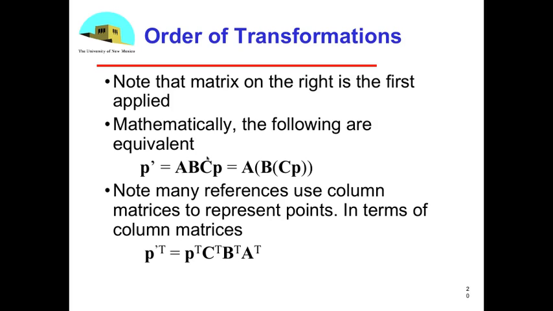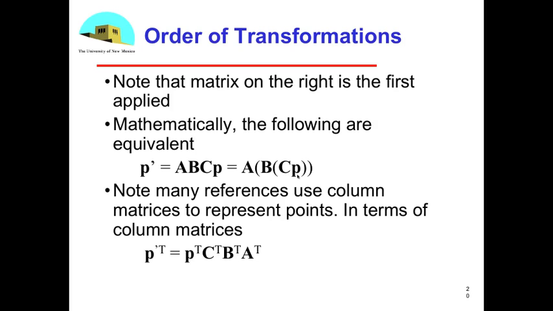Now you could apply the parentheses any way you want. What we said in the last slide is that you're going to form ABC and put it together probably in a single matrix. But suppose you look at it this way just for a second, if I put the parentheses this way, I'll get the same result. If I multiply C times P, I get a point. I multiply B times that result, I get a point.